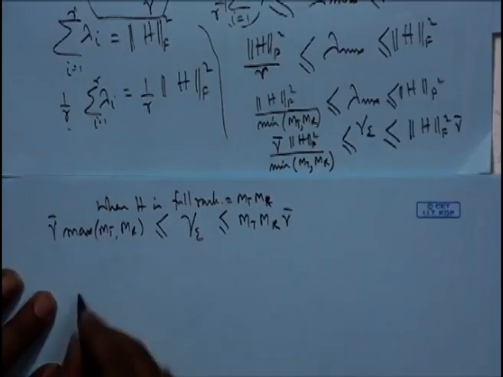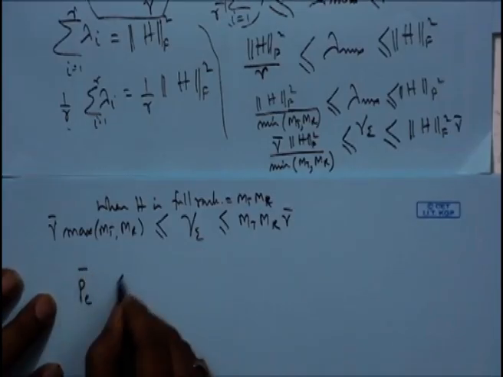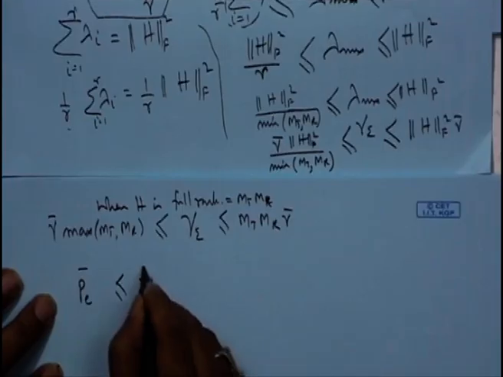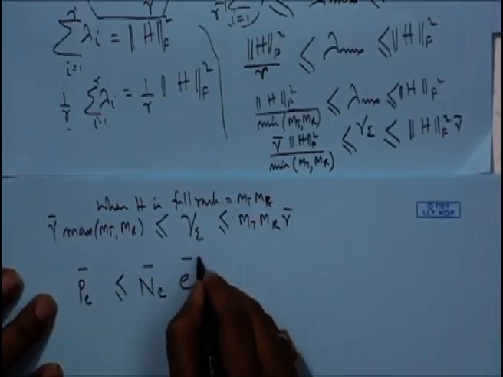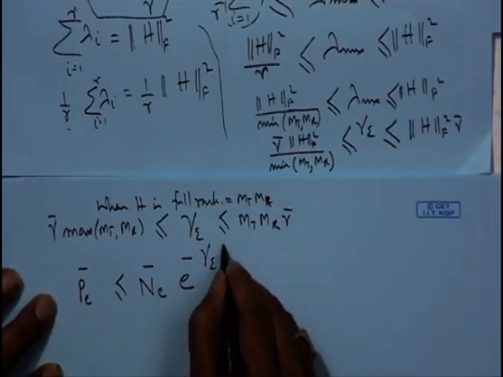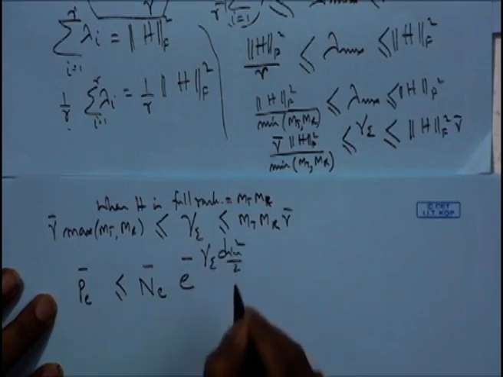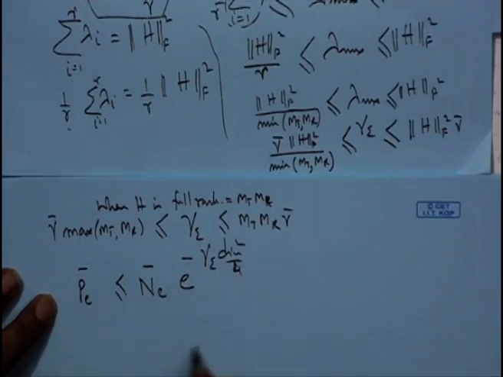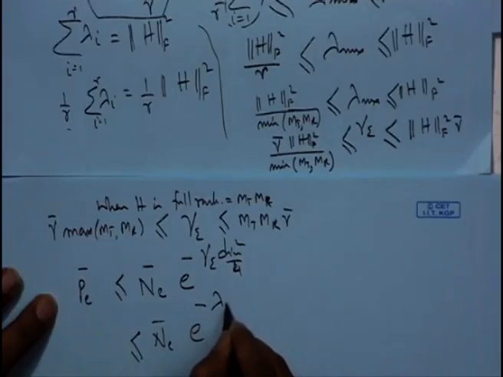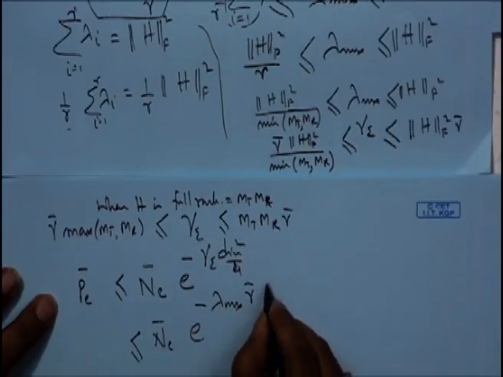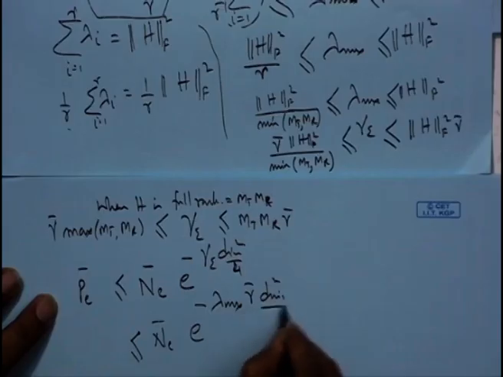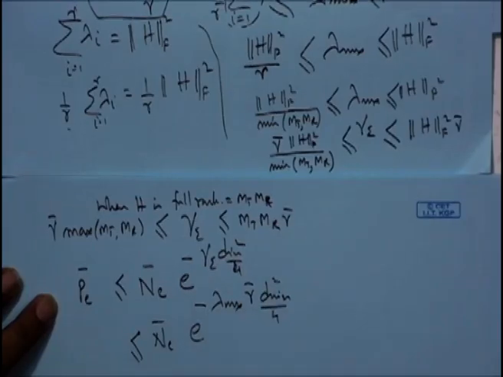So if this is the case, we could say that P_E bar is less than or equal to N_e bar e to the power of minus gamma sigma d_min squared by 4. This is what we have, and we could say that N_e bar is less than lambda max gamma bar d_min squared by 4, and it has two range values. We have already said the two range values of it.